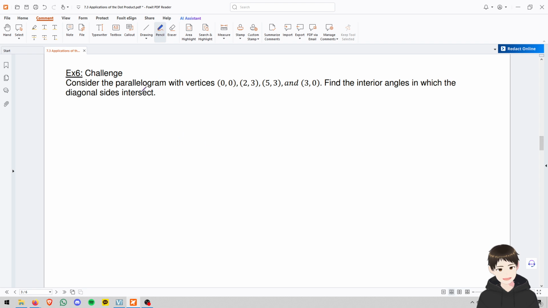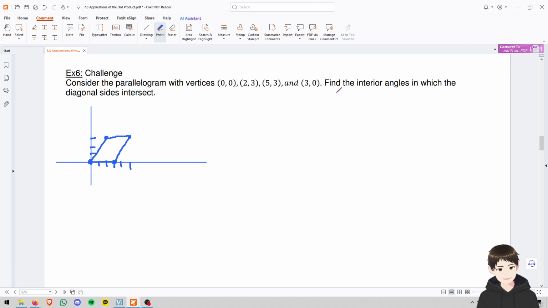Challenge. Consider the parallelogram. Again, I'm assuming that you are seeing this after you've tried it, okay? I have a parallelogram. The parallelogram has vertices (0, 0), (2, 3), (5, 3), and (3, 0). Okay, great.